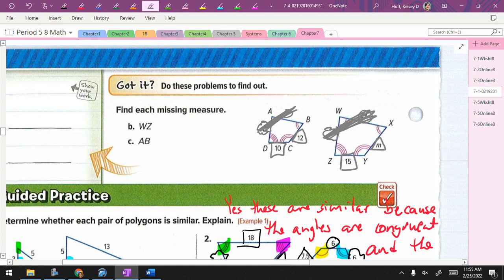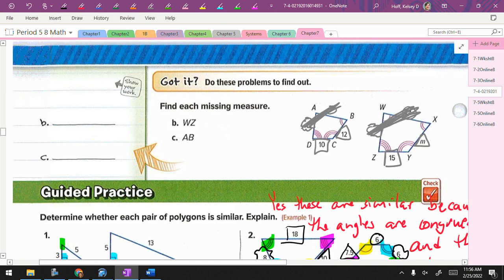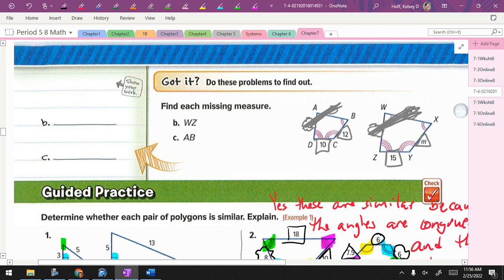Okay? On your own, don't say it out loud. Write down the fraction comparing a number from the left to a number from the right, or you can go right to left, whatever. You could have written what? 10 over 15 or 15 over 10. It doesn't matter. What matters is the other side.